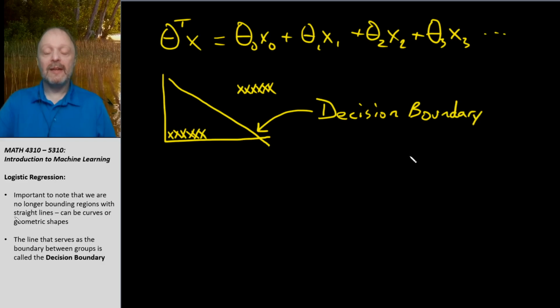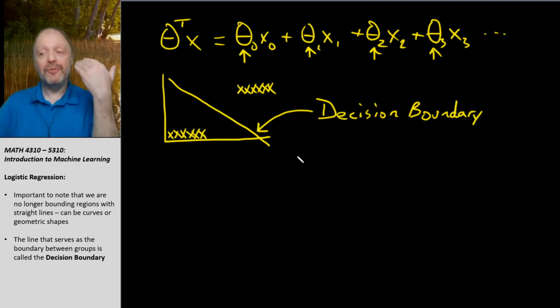Alrighty? So our whole purpose in this theta transpose x is trying to get all of our weights, our theta 0, theta 1, theta 2, theta 3. Our whole goal is to find a line that will divide the data into the two groups.